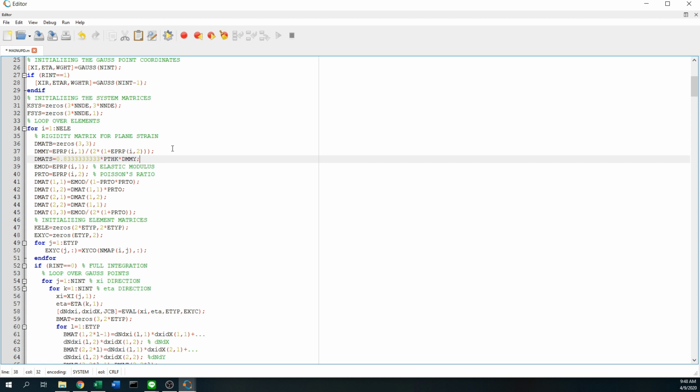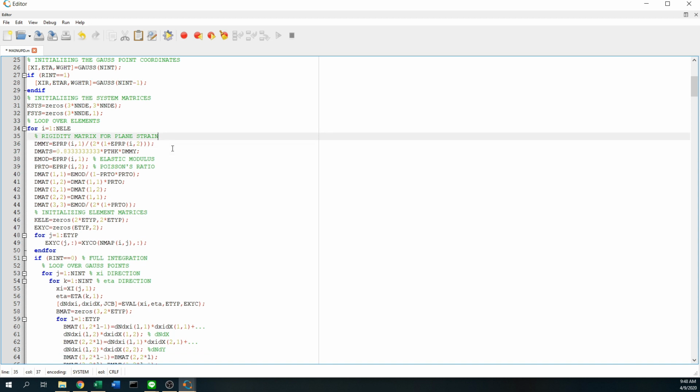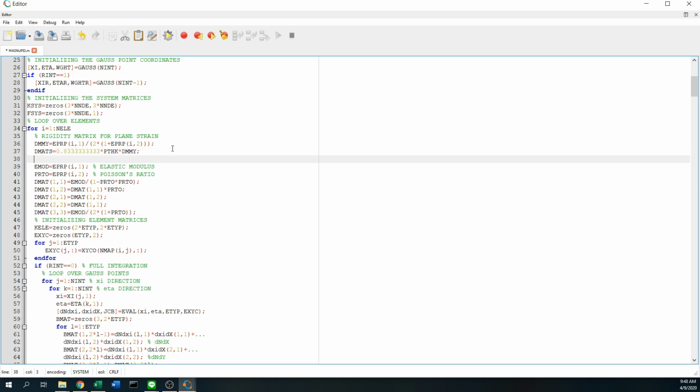So this is the rigidity matrix. For this case, it is just the scalar values. For the shear part, for the bending part is already there. Elastic modulus, or it will be here, by the way.